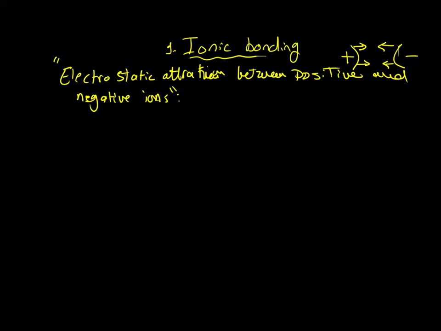If you have an element Na from group 1 with Cl which is from group 7, how do they bond? First, sodium will lose electron, form a positive ion with a charge 1 plus. Cl normally has 7 electrons in the outer shell.